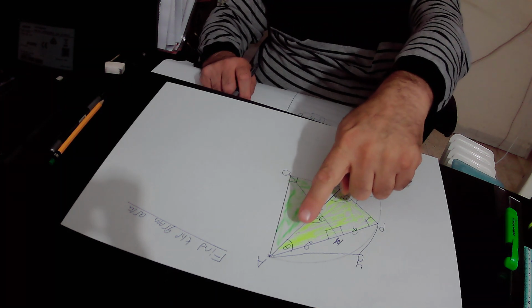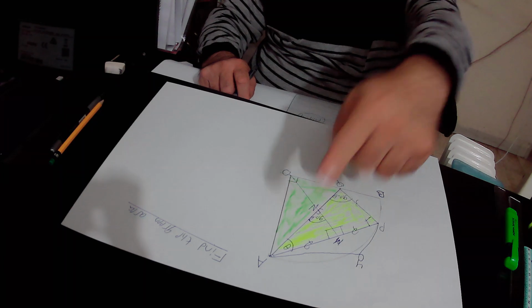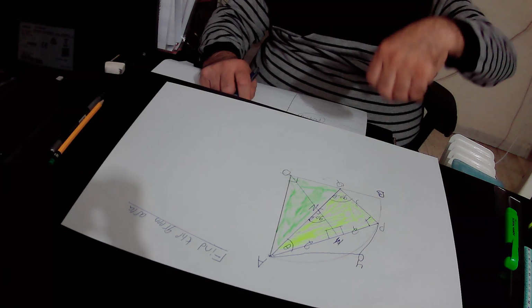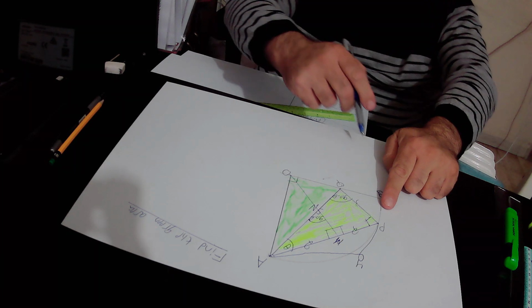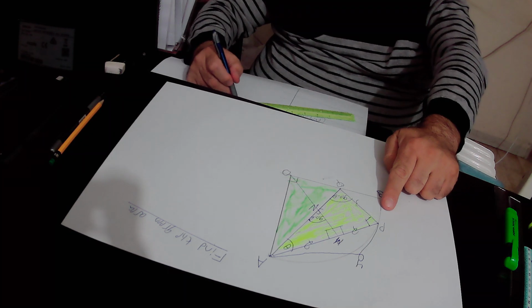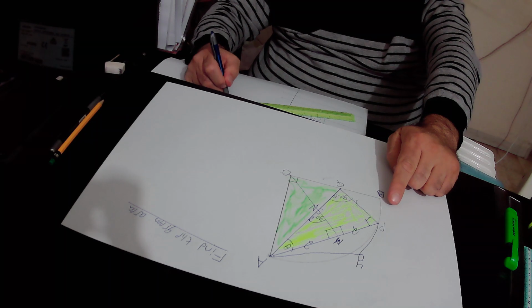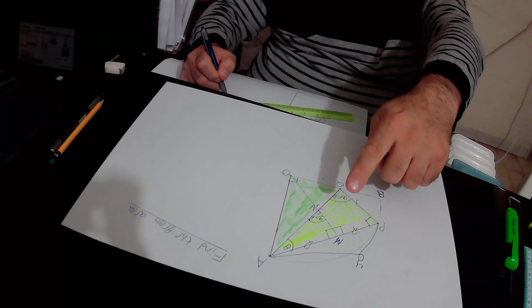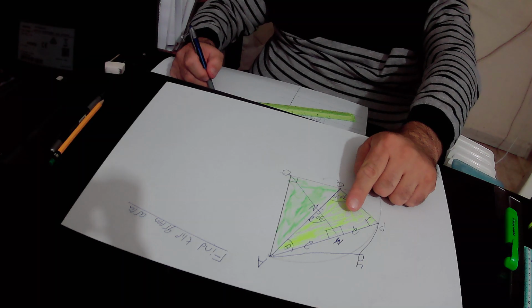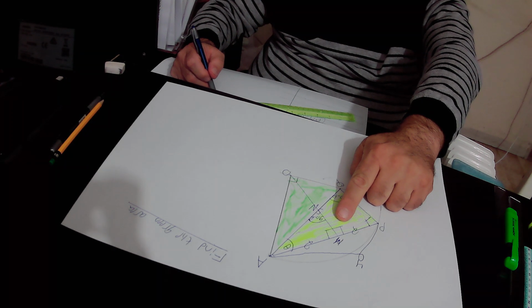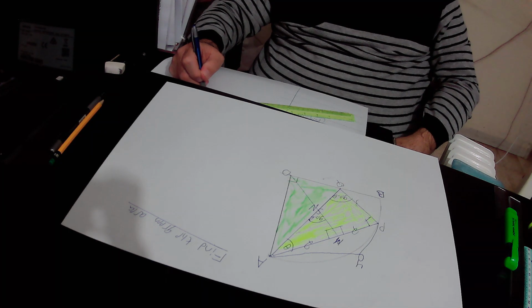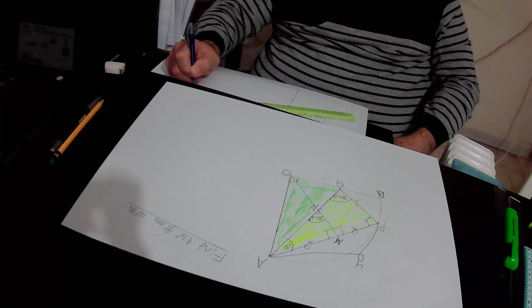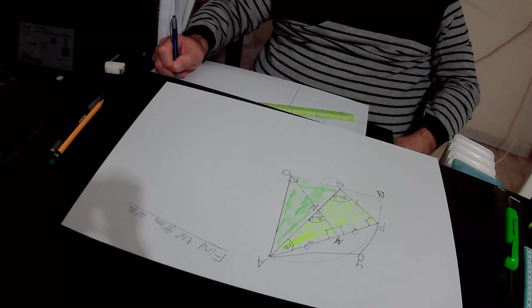In addition, this angle theta is a common angle, it belongs to both triangles, so angle theta equals itself. That is to say, angle PAQ, that is theta, equals angle MAN, that is also theta. They are both equal to theta. It is a common angle.